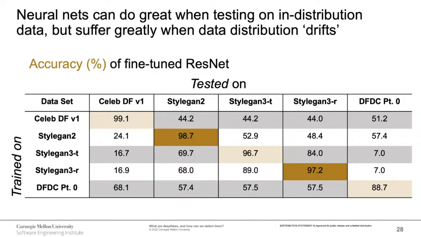So you can see if we train and test on the same one, that's the main diagonal highlighted in the yellows there, we do extremely well. So that's the power of the neural net. That's why they're so popular. But we can also see that if we go off the diagonal, we're going to suffer greatly in terms of performance. And this is why we really need humans to point us towards useful features in these detector algorithms, and why we need to compare them.